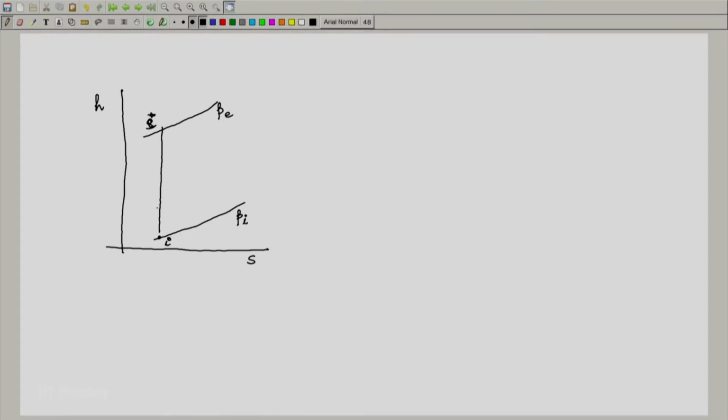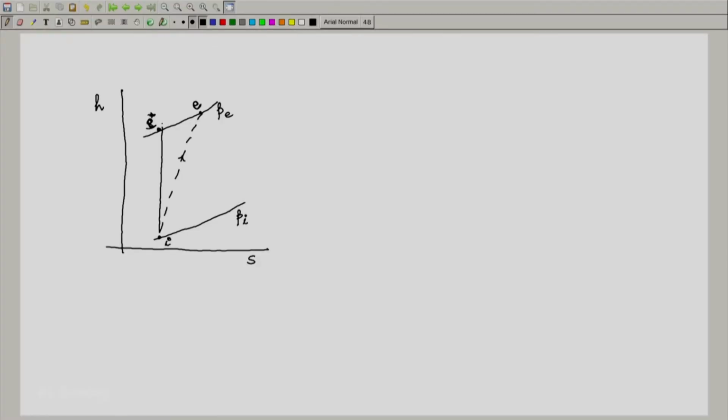And what happens is, if it is an actual process, you go in this fashion, towards an increasing entropy and you reach the state E. So, this is the actual state, this is the ideal state. E star is the state where the entropy is the same as that of the inlet, whereas E is the state where the entropy is more than that at the inlet.